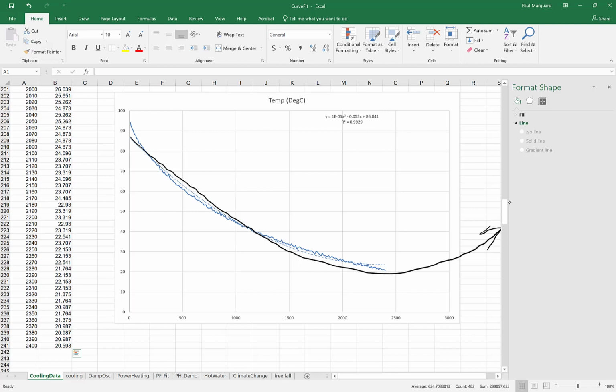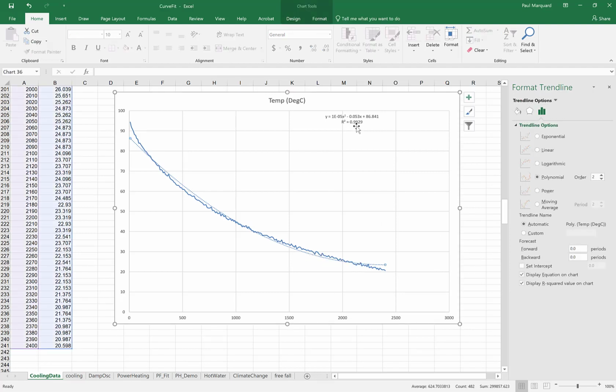You've got water sitting on a table cooling off. This curvature would indicate that at some point in time, the water starts increasing in temperature. And that doesn't make any sense. So we know that's not right. So we're going to throw out the R squared, even though it's really good. We're going to throw out the polynomial.